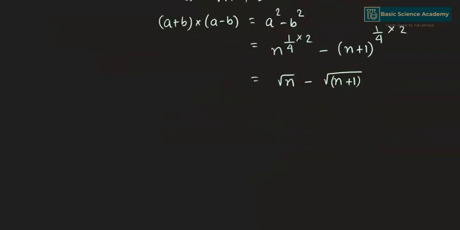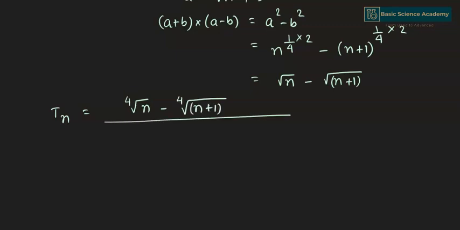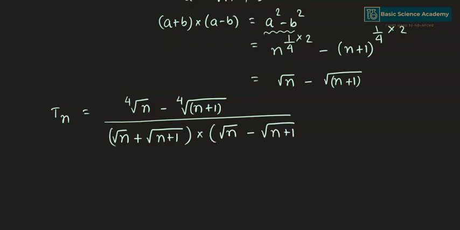Now the Tn becomes, in the numerator we have a minus b, which is fourth root of n minus fourth root of n plus 1, divided by, in the denominator, we have square root of n plus square root of n plus 1 multiplied by a square minus b square, which is square root of n minus square root of n plus 1.